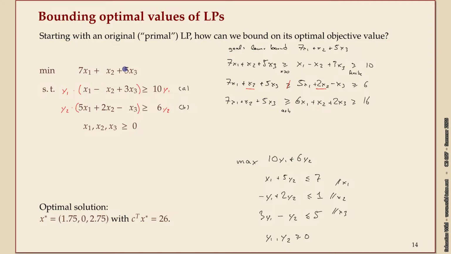The coefficients of the objective function turn into the right-hand sides of the inequalities. The right-hand sides of the inequalities in the original problem turn into the coefficients of the objective function. If you have inequality constraints, the multipliers you put on the inequalities have to be non-negative, otherwise you flip the sign.